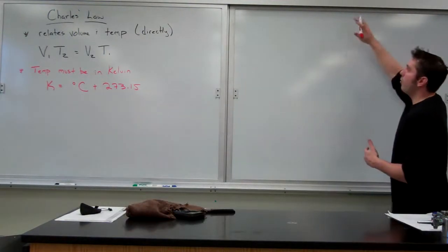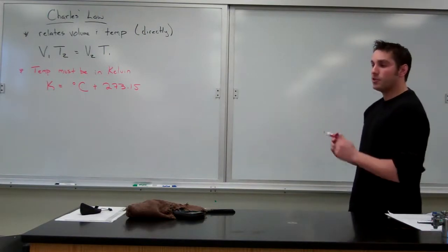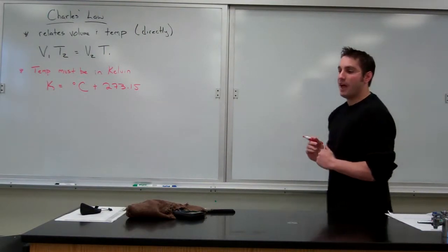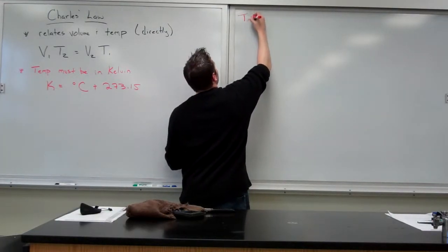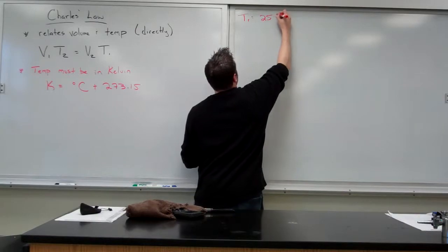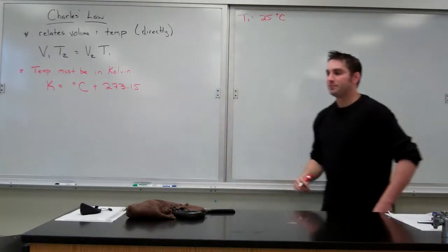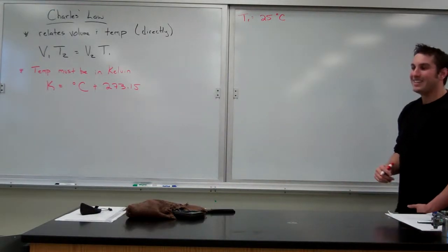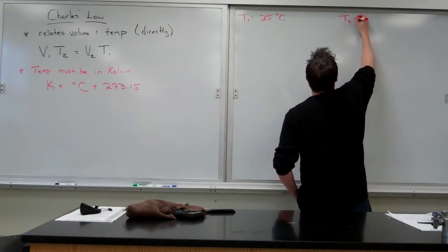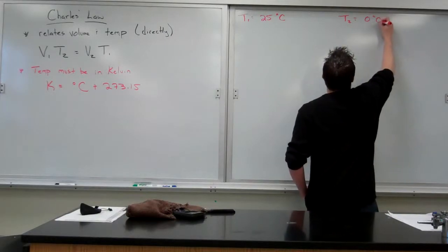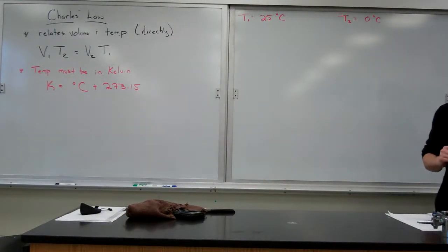First thing I did before was list my numbers. First number I see is 25 degrees Celsius. Degrees Celsius is a temperature, so we will call it T1. Second number I see is 0 degrees Celsius. That is also a temperature unit, so I will call that T2.